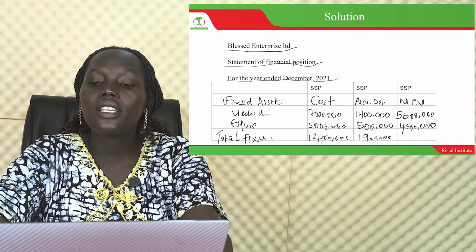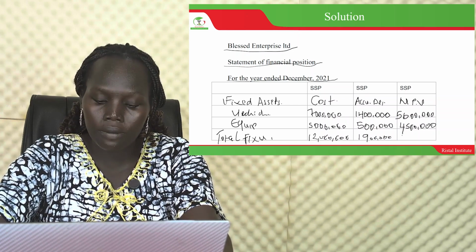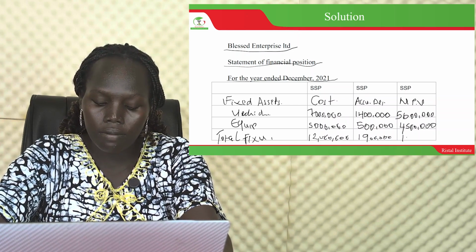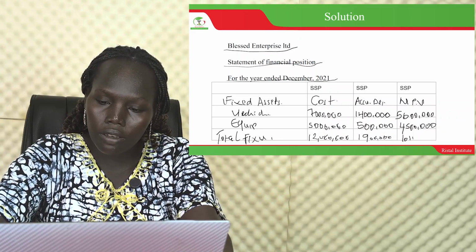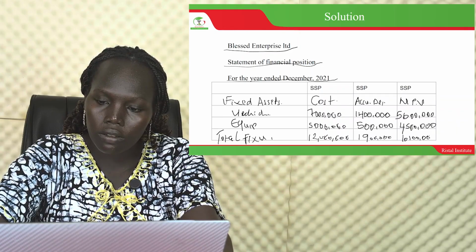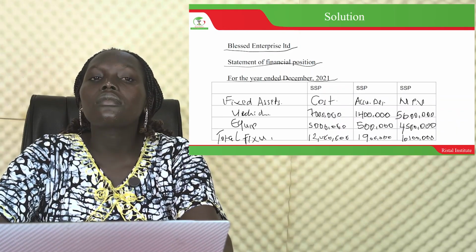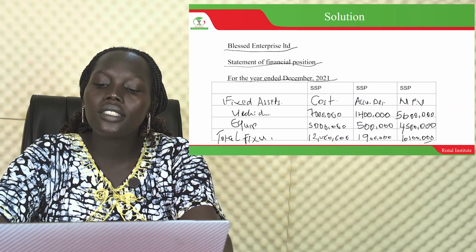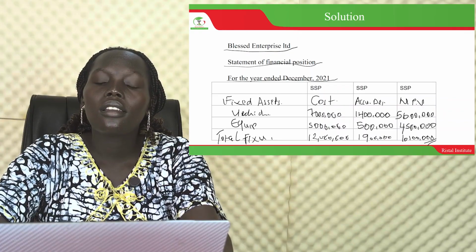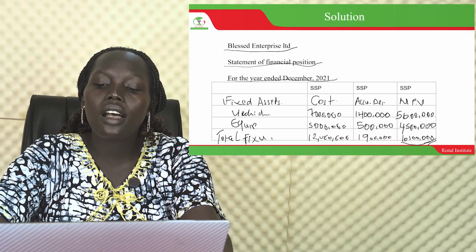And then when you add the net present value, you get 10,100,000. So this is the amount that we shall take as our total fixed asset.